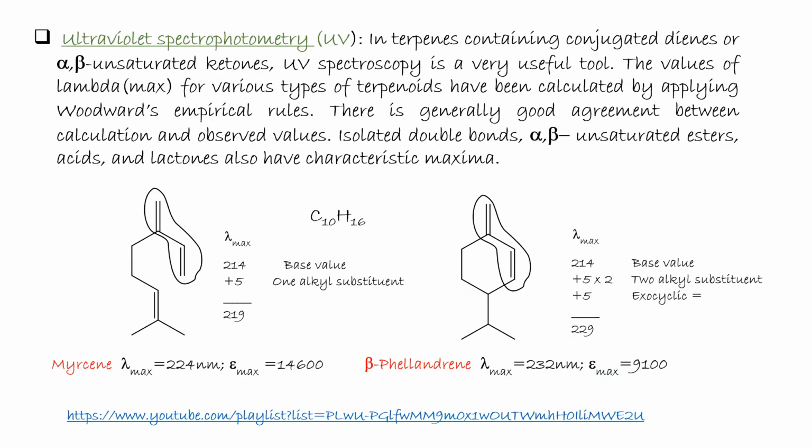The second method, ultraviolet spectrophotometry, UV. In terpenes containing conjugated dienes or alpha-beta unsaturated ketones, UV spectroscopy is a very useful tool. The values of lambda max for various types of terpenoids have been calculated by applying Woodward's empirical rules.